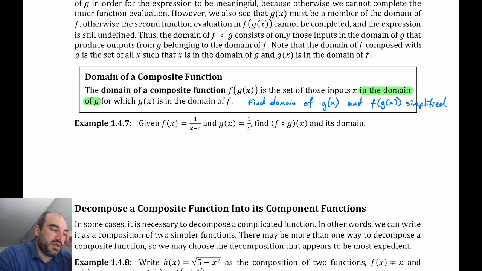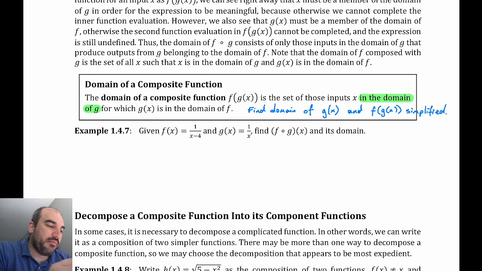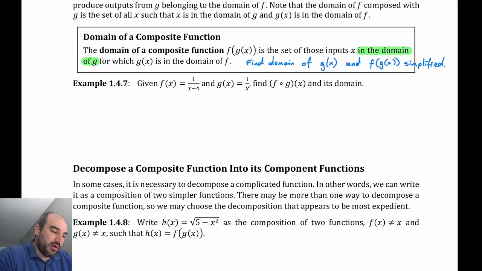That's going to be the way we're going to find the domain of the composite function. So the simplified version of f of g, if it does simplify, we'll simplify it, find its domain, and then we'll also find the domain of g and combine those together to give us a single domain.